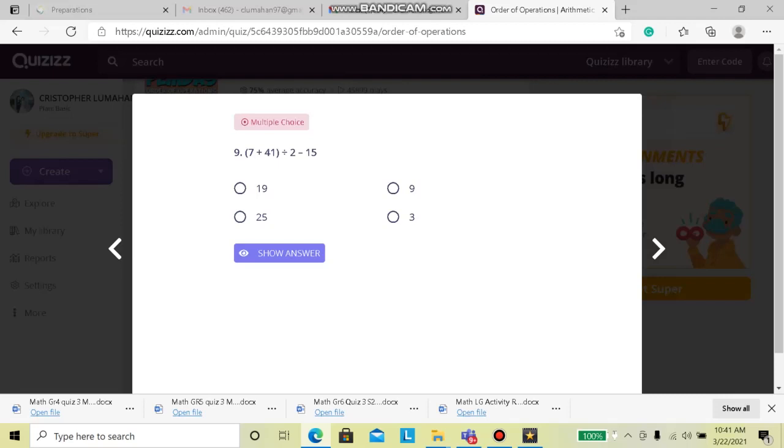The answer is 9. Next, 15 plus 7 multiplied by 2 minus 11 plus 35. The answer is 53.